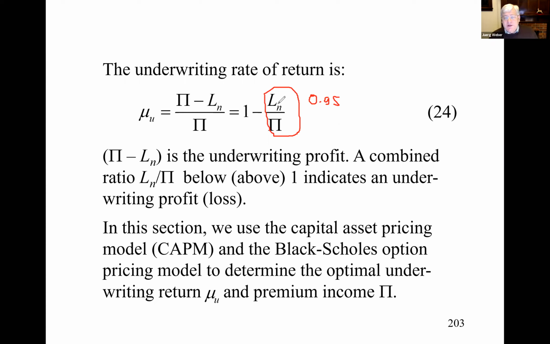So we have here now an underwriting profit of 5%. And if the combined ratio is above 1, that's also possible, then we would have an underwriting loss.